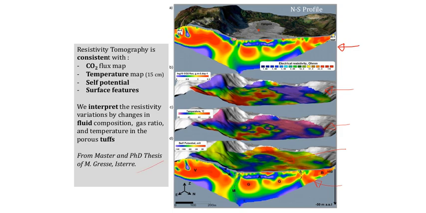So we can see the cross-section of resistivity, the tomography, is consistent with the CO2 flux map, the temperature map, and self-potential as well, and also with the surface features, for instance the fumaroles here. And in this case, we can interpret the resistivity variation by changes in fluid composition, gas ratio, and temperature in the porous tuffs.